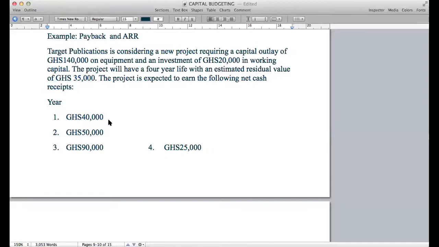The question is here. This is the question. Okay, let me show the original question. I pick it from the handout. Yes. Okay, so now let's do the accounting rate of return.